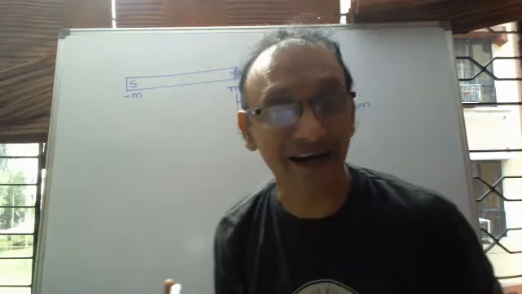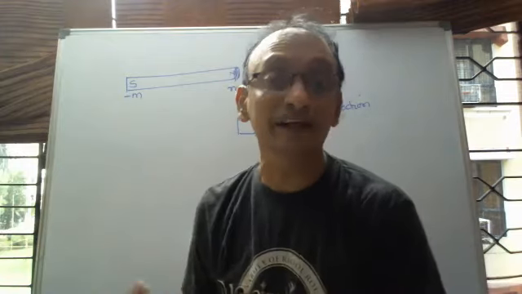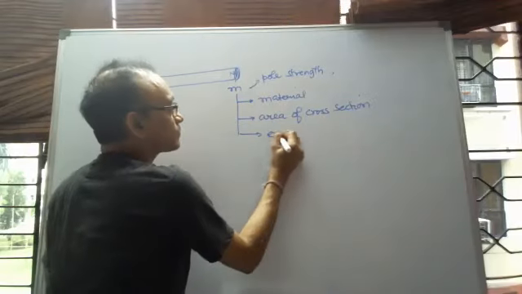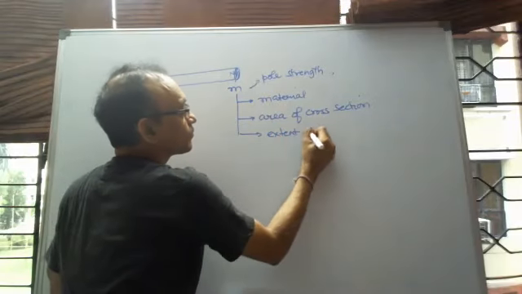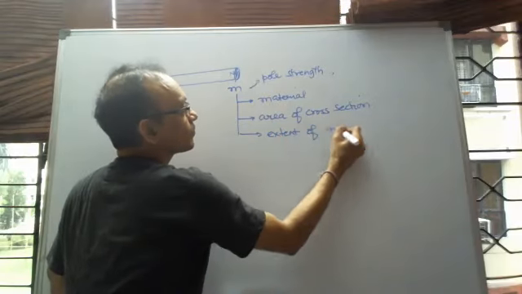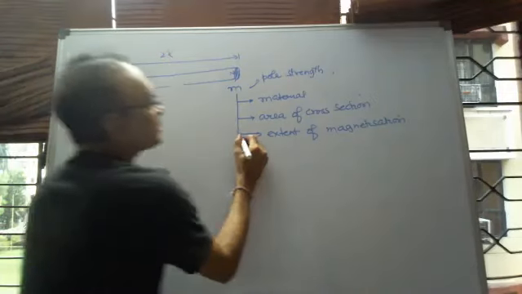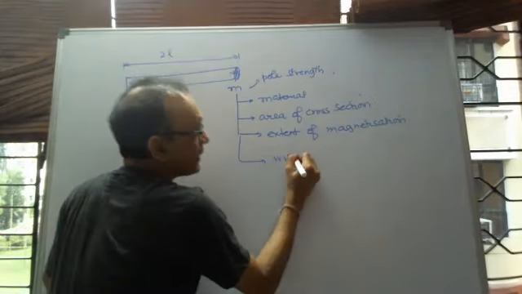After all, this magnet has been created by magnetizing it, by exposing it to a magnetic field. So the extent of magnetization. If 2L is the length, pole strength will not depend on the length.